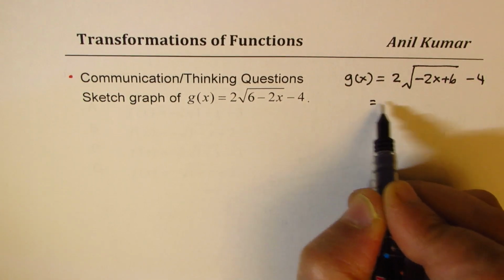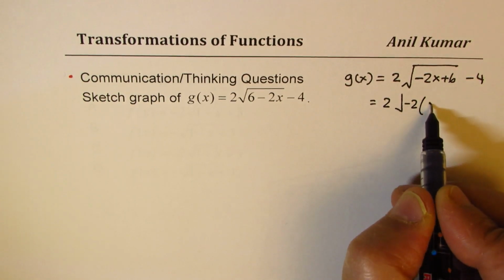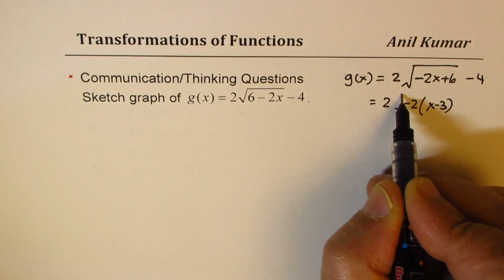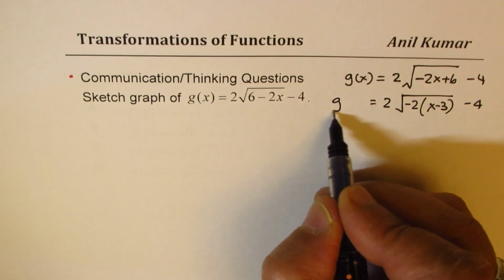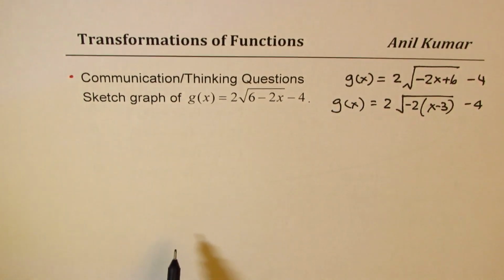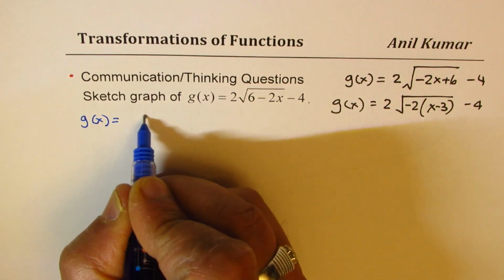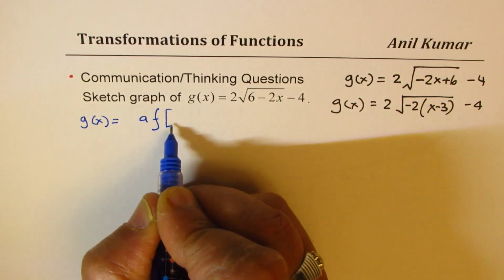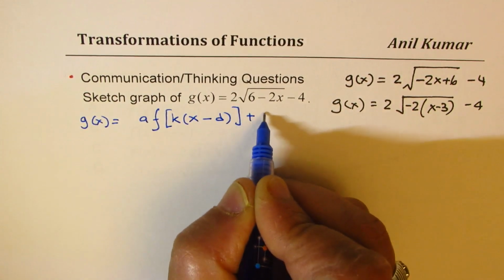minus 4. Now, it's a good idea to factor out negative 2. Then you get x minus 3 here, minus 4. So the function should be seen as we are writing now, correct? I hope you can compare it with your general expression, which was g of x equals a times f of k times (x minus d) plus c.